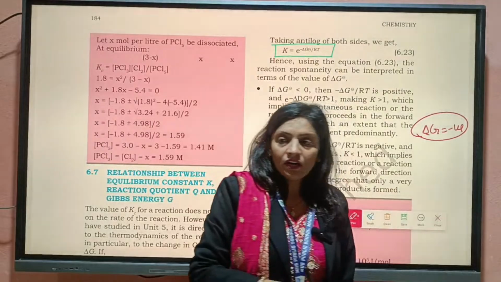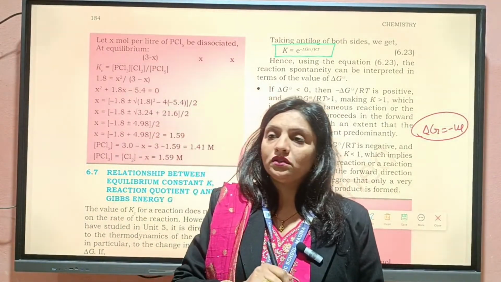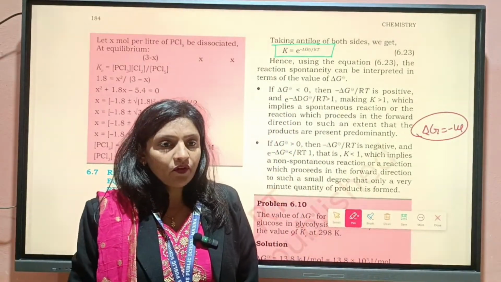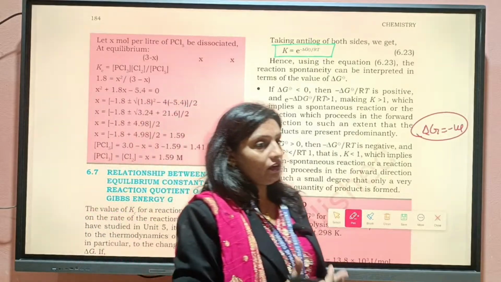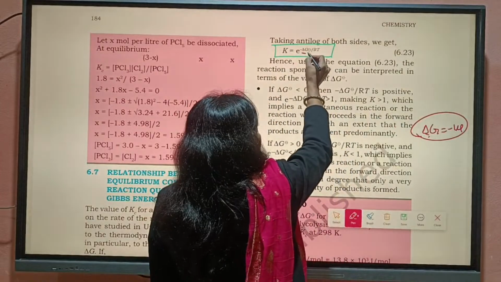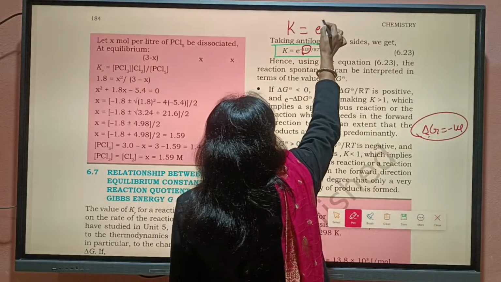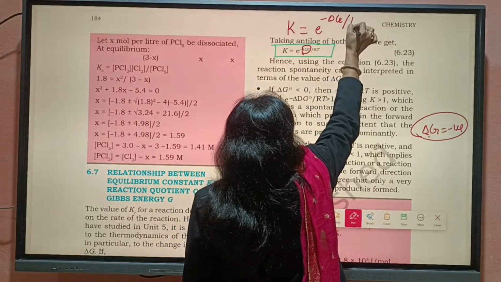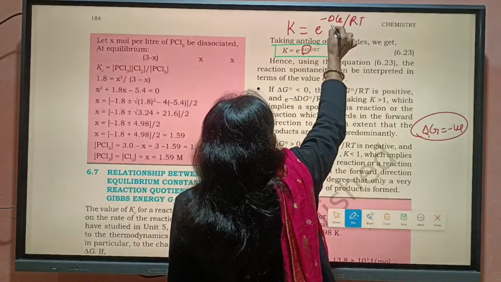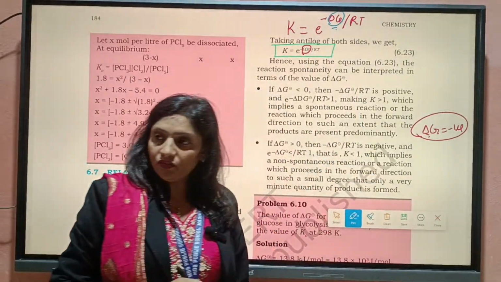Clear? You have only read until now that when del G is negative, the process is spontaneous. So how can you tell if this del G is negative? Here we have K is equal to e raised to power minus del G by RT. If this value is also negative, then negative will be positive.